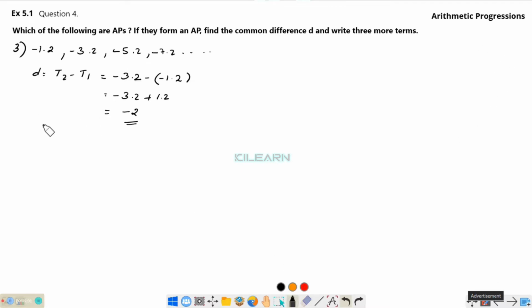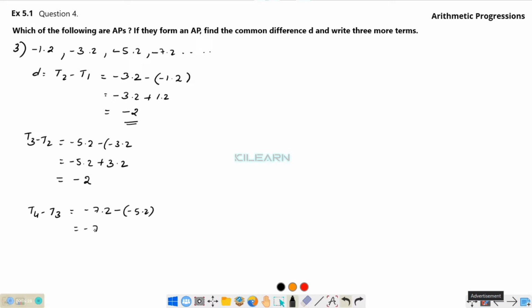So now we understood the first difference. Then T3 minus T2, which is minus 5.2 minus of minus 3.2, which gives us minus 5.2 plus 3.2. Again, we get the answer as minus 2. T4 minus T3 is minus 7.2 minus of minus 5.2, minus 7.2 plus 5.2, which gives us again minus 2.